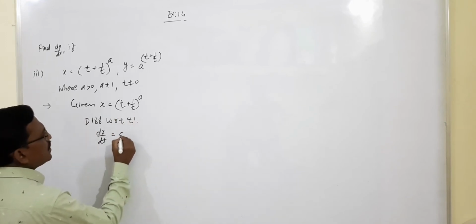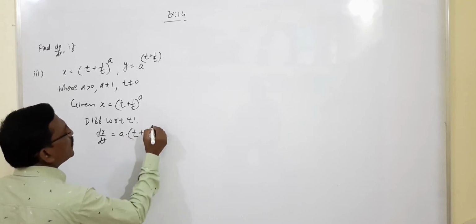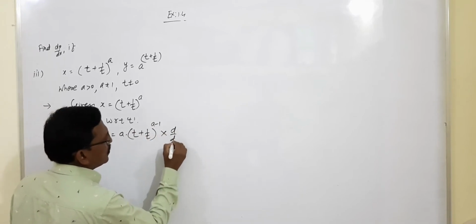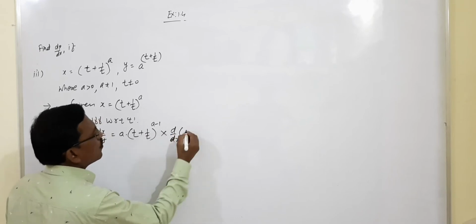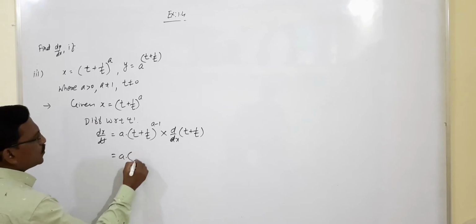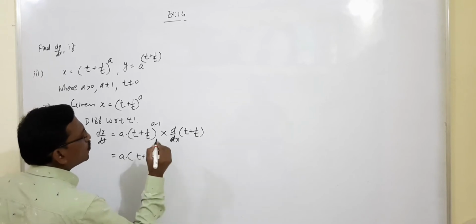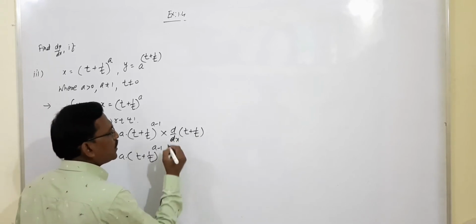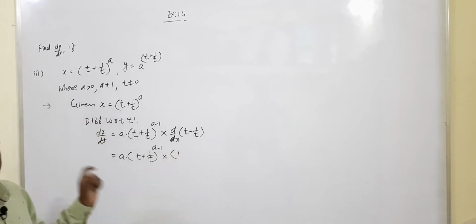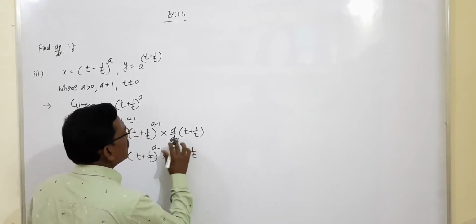So it is a into t plus 1 by t to the power a minus 1 into, by chain rule, again we take the derivative of t plus 1 by t. It is a into this bracket as it is, a minus 1 into the derivative of t with respect to t is 1, and the derivative of 1 by t, by using the derivative of 1 by x, which is minus 1 by x square, that's why it is minus 1 by t square.